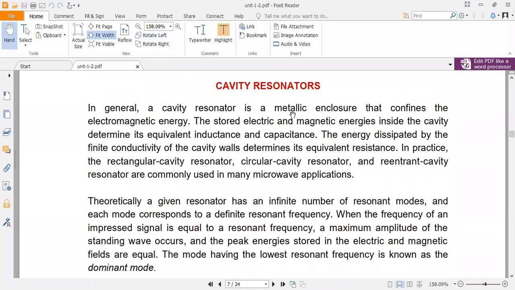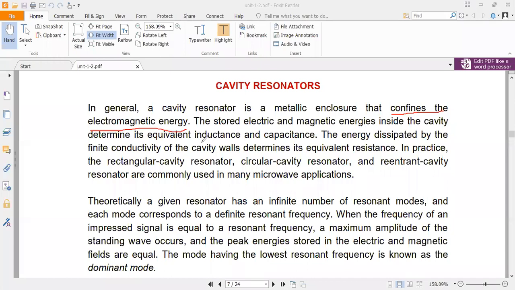In general, a cavity resonator is a metallic enclosure that confines, and this is very important, the electromagnetic energy. That means it stores the electromagnetic energy. The stored electric and magnetic energy inside the cavity determines its equivalent circuit.